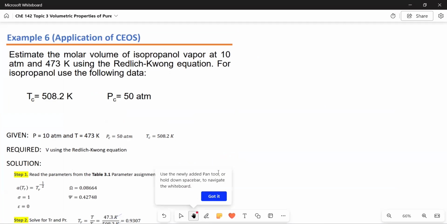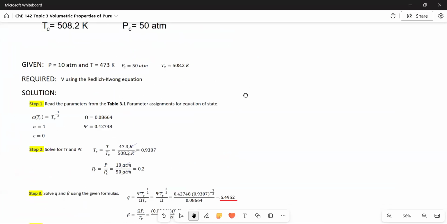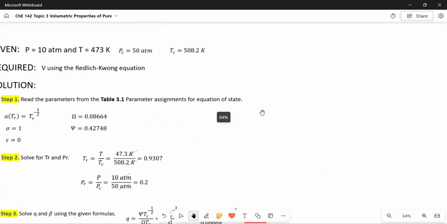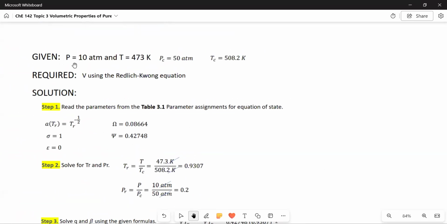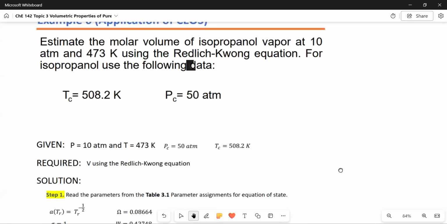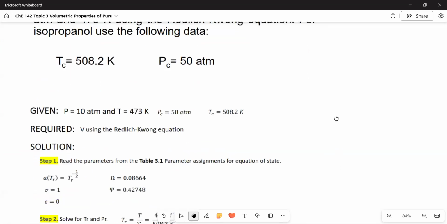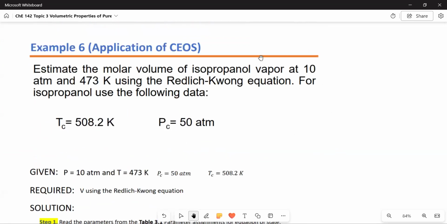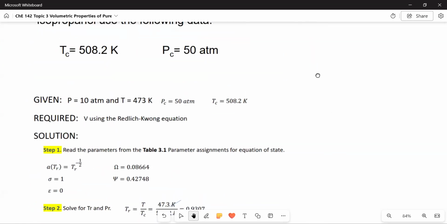With that, let's follow the solution step by step. So this is the given, the pressure and temperature and the critical values. We are required to calculate the molar volume of isopropanol vapor. Please take note, it's asking for the vapor.